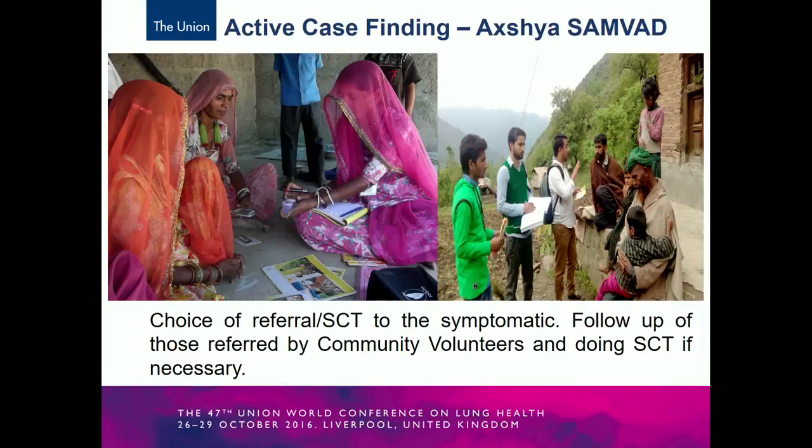When we identify presumptive TB patients through this intervention, either we refer them to the designated microscopy centers, or wherever the patient is unable to go to the diagnostic centers, we have a provision of sputum collection and transportation. The community volunteer collects the sputum from the patients and delivers it to the diagnostic center, and then the results are given to the presumptive TB patients. This is how the intervention works.